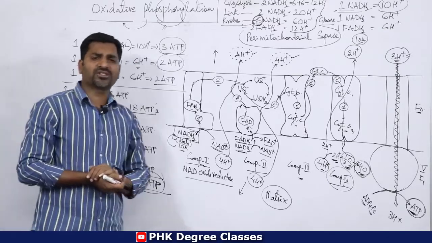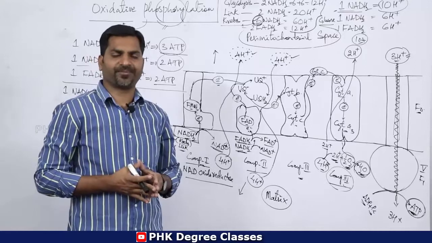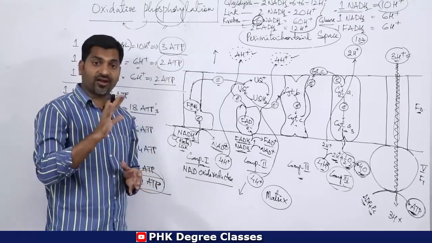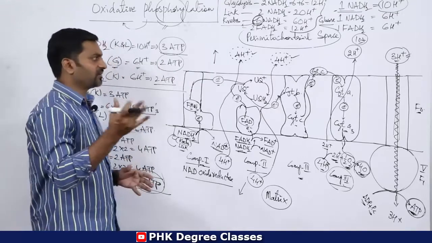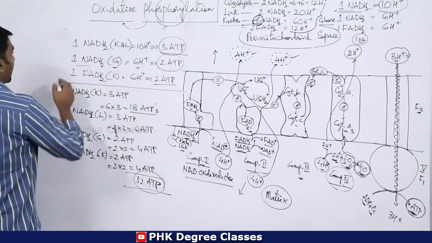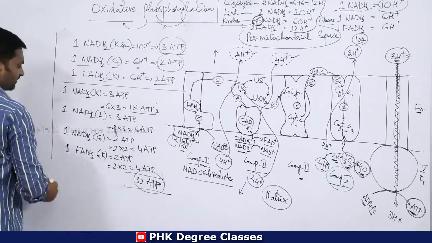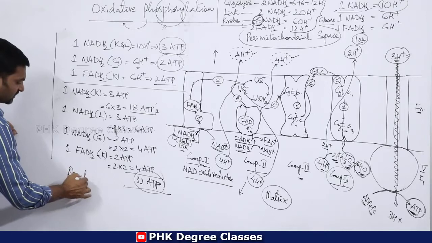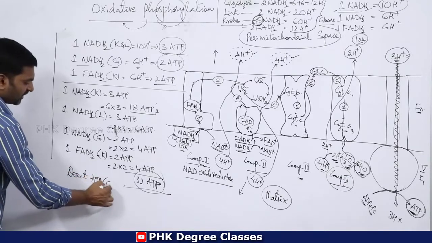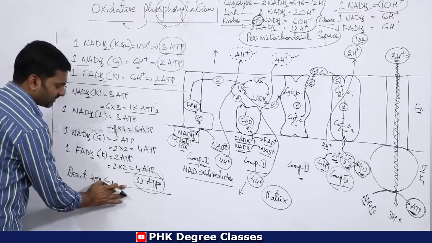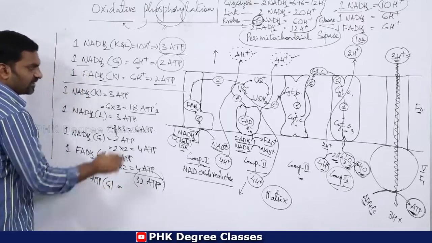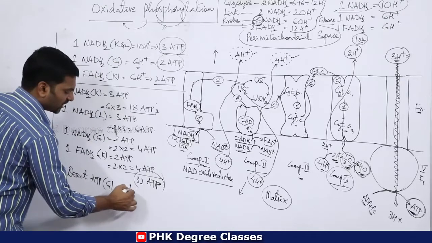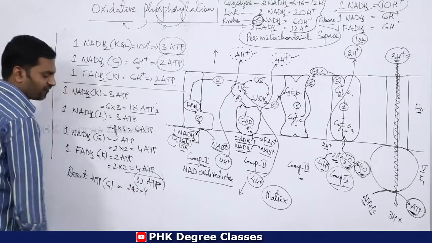Then what about direct formation of ATP? I have already told you, in glycolysis as well as in the Krebs cycle. Clear? So now the directly formed ATPs, I am writing here. Directly formed ATPs in glycolysis: from one side 2 and another side 2, so 2 plus 2 is equal to 4.